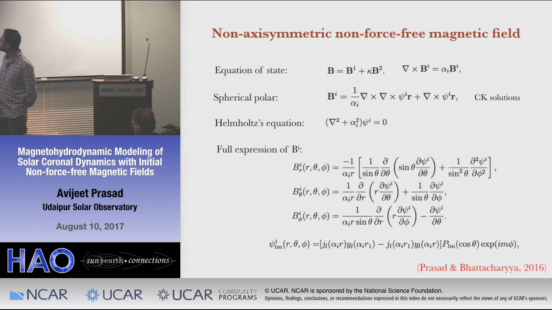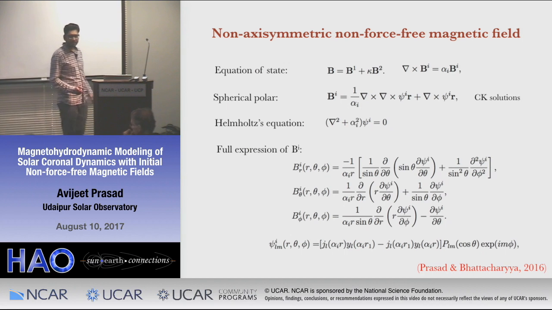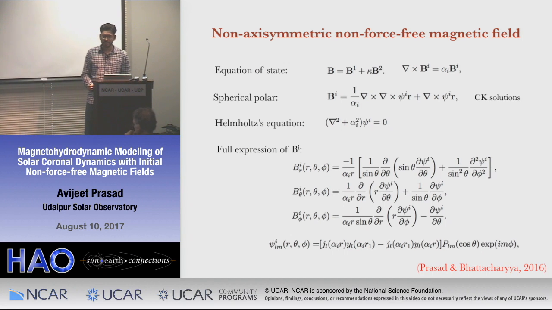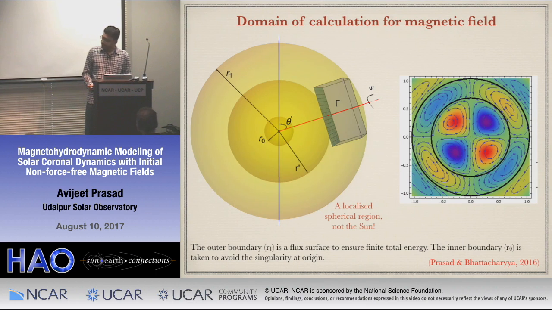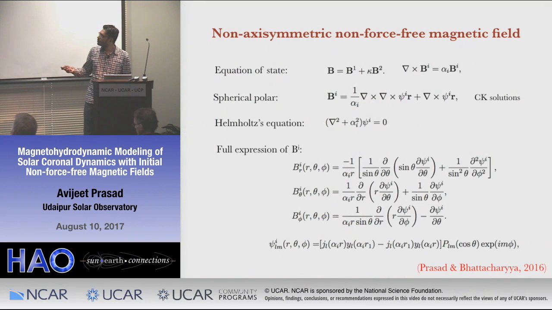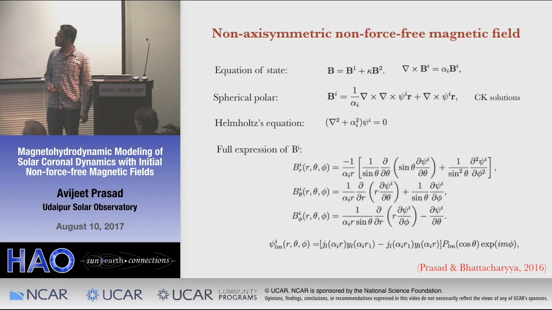Yeah, if they're dimensional, then those two terms have different dimensions. But have you non-dimensionalized them somehow? Okay, I'll check that. Yeah, if it's force free, maybe they are the same. But there has to be a dimensional factor. Yeah, so alpha has a dimension of 1 over length.